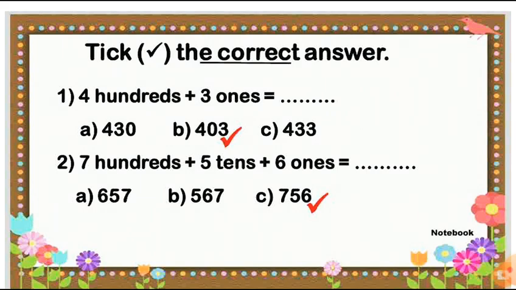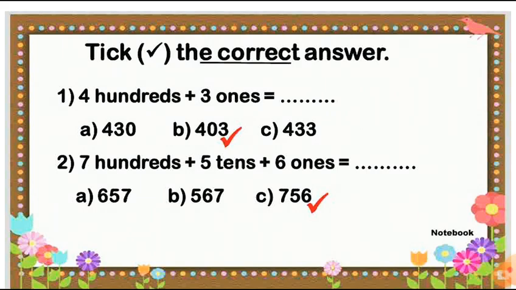So 4 hundreds is given, the tens place is not given, and the ones place digit is given. So 403 will be the answer, isn't it? 400 plus 3 ones means it is the number 403.